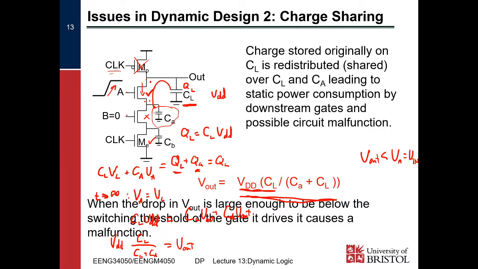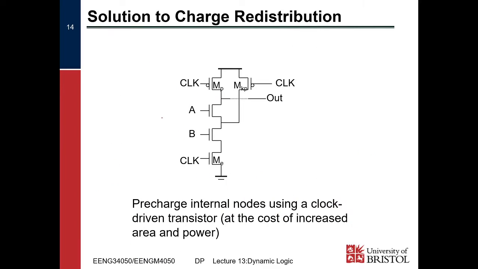So question is, how do we stop this if we have got a large enough capacitance here that it becomes a problem?